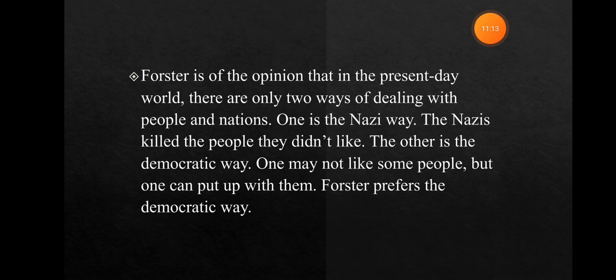The author likes the second way only, the democratic way, but try to tolerate everybody. On the basis of tolerance, a civilized future may be built. Certainly, the author sees no other foundation for the post-war world. Let's see the next slide now.